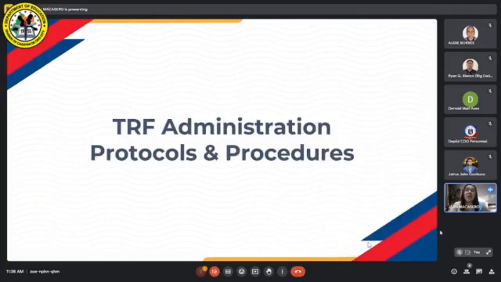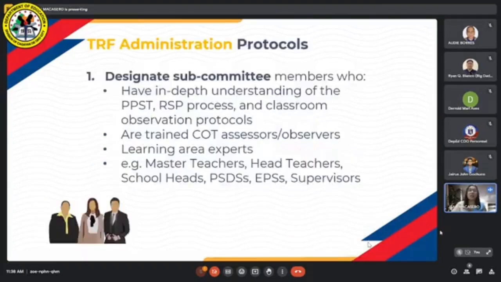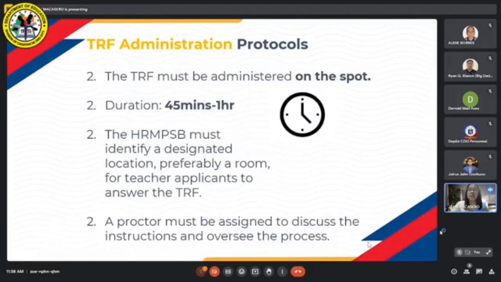Okay. We'll go to the TRF administration protocols and procedures. So the same process, no, na designation for the subcommittee, the same with the observable indicators. Must be administered on the spot, no? Durations again 45 minutes to 1 hour.